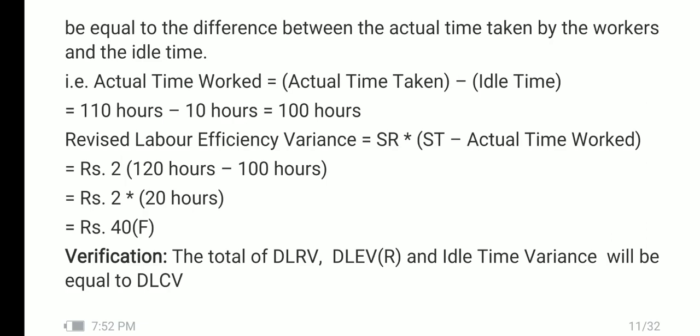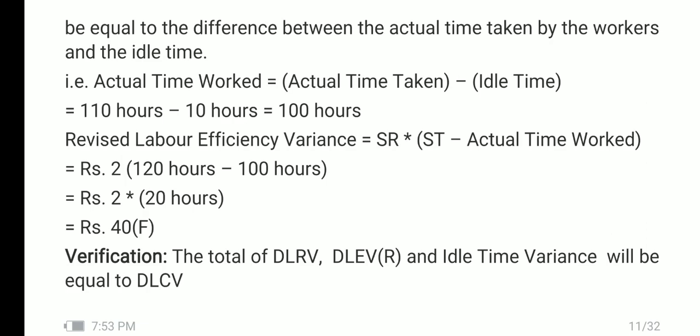That is equal to 110 hours minus 10 hours, which gives us 100 hours. Illustration 1 has given the information that actual time taken is 110 hours, minus idle time we have assumed 10 hours. So, 110 minus 10 hours is equal to 100 hours, that is actual time worked by the workers.